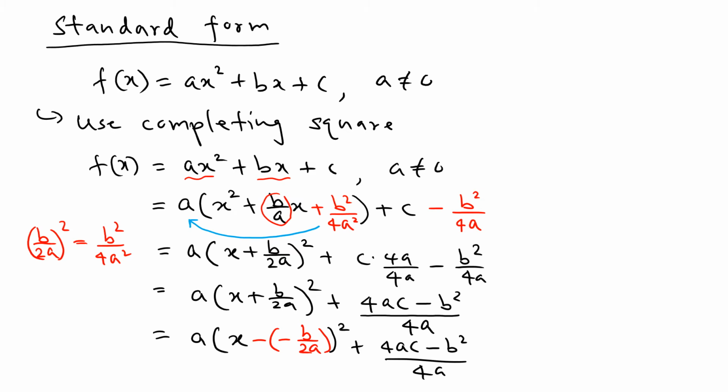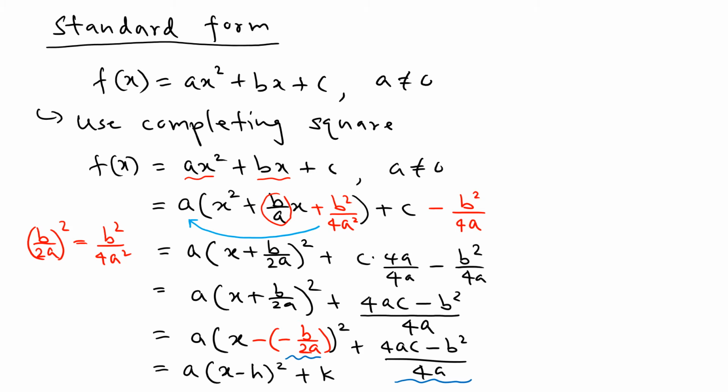So this is what we normally call the standard form. Why? What we normally do is pick this part as h. We're going to call this h, and we're going to call this whole term k. So if you do that for h and k, you can write this one as a times x minus h, squared, plus k.